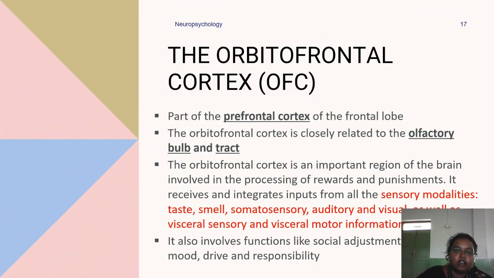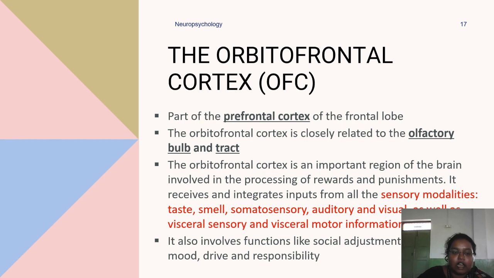So next is the orbitofrontal cortex, OFC, part of the prefrontal cortex of the frontal lobe. The orbitofrontal cortex is closely related to the olfactory bulb and tract. It is an important region of the brain involved in the processing of rewards and punishments.